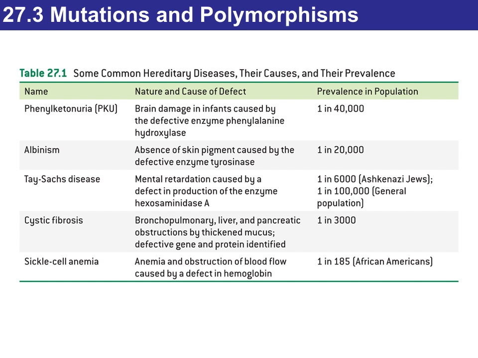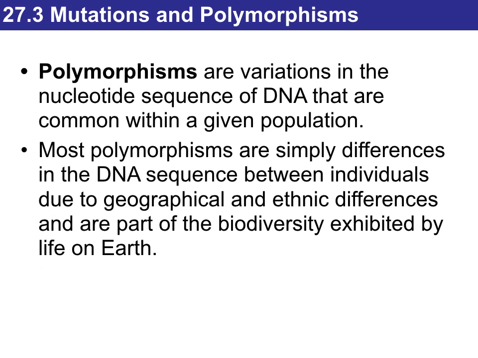And on that table, they just give you some examples of some of the common hereditary diseases, their cause, and their prevalence in the population, 1 in 40,000, 1 in 3,000. This is talking about PKU, albinism, Tay-Sachs disease, cystic fibrosis, or sickle cell anemia.